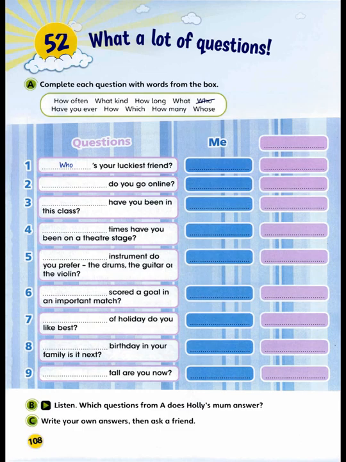B. What a lot of questions. Listen. Which questions from A does Holly's mum answer? Mum, have you read the questions in this magazine? Can I ask you them? Okay, Holly. Right. How many times have you been on a theatre stage? Wow. I don't know.